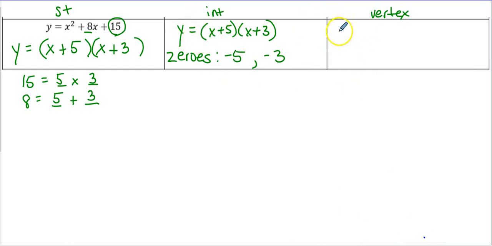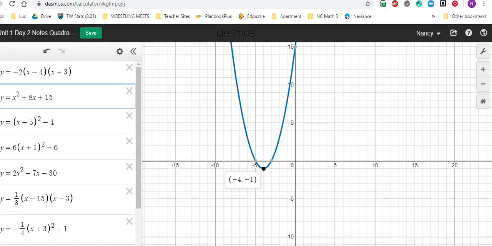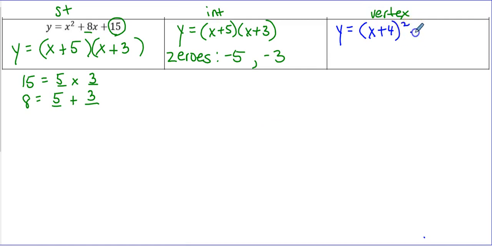So again, it's going to be y equals, this is a 1, so we don't need it, x plus 4 squared, and I think I put mine wrong on my key. It should be -1. I put +1 on my key. -1. So again, let's identify the vertex. It's going to be -4, -1. Okay, whoops. All right, moving on.